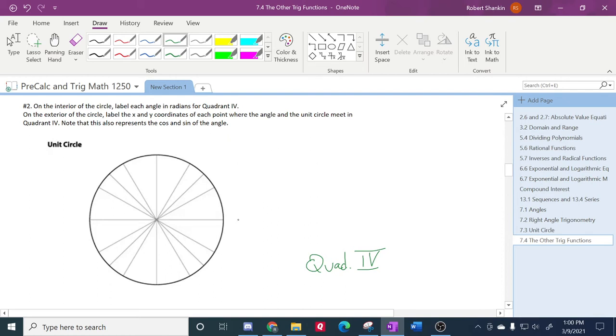On the exterior of the circle, label the x and y coordinate of each point where the angle and the unit circle meet. So you're going to label each of these points here, here, here, here, and here. All those in quadrant 4. Note this also represents the cosine and the sine of the angles. So let me give you a little bit of time to complete this task.